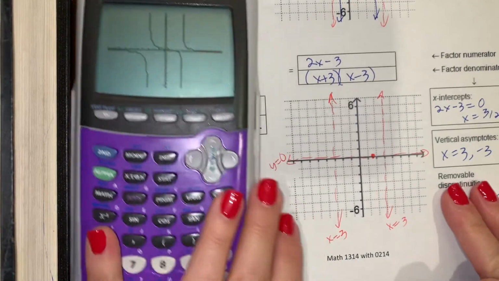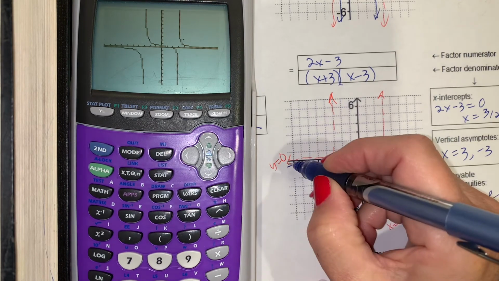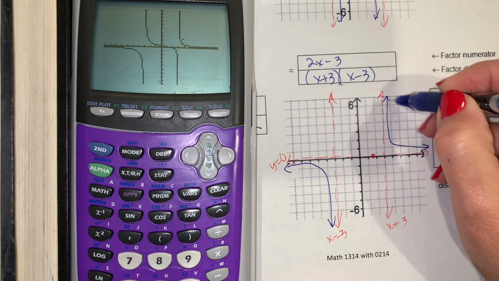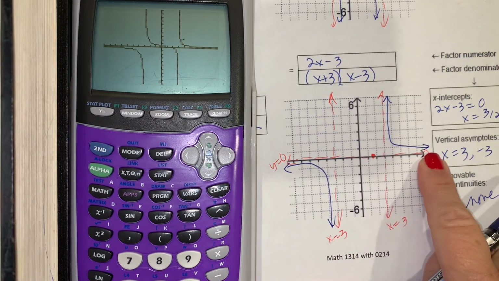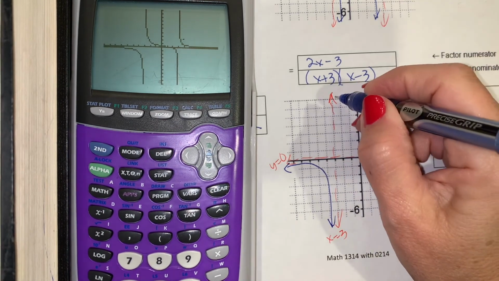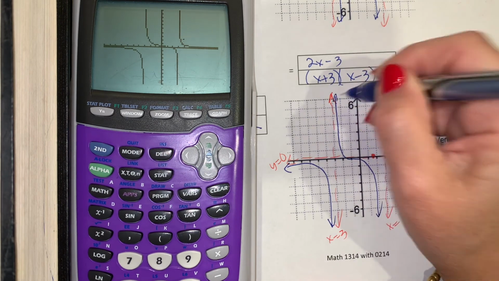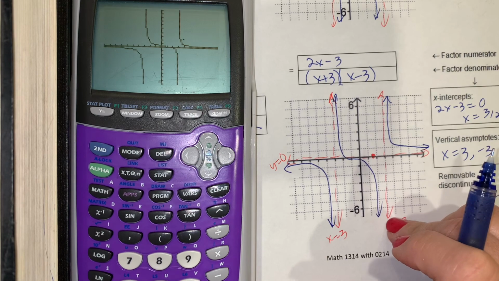Now the only difference is on this middle section, we do have a horizontal asymptote at 0, but it is allowed to cross over a horizontal asymptote. It's never allowed to cross over a vertical asymptote.